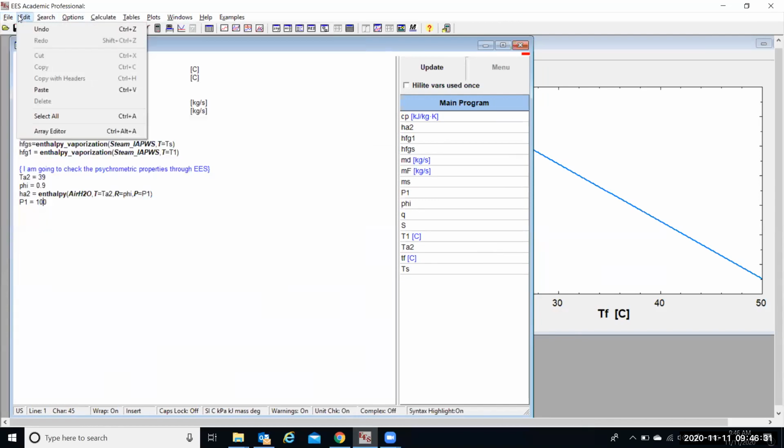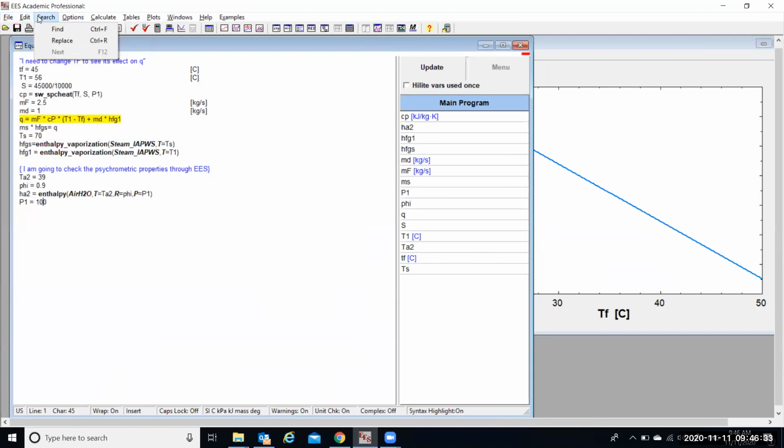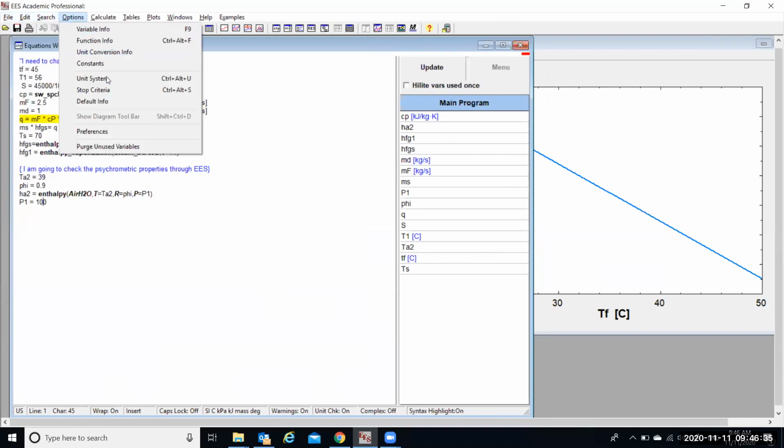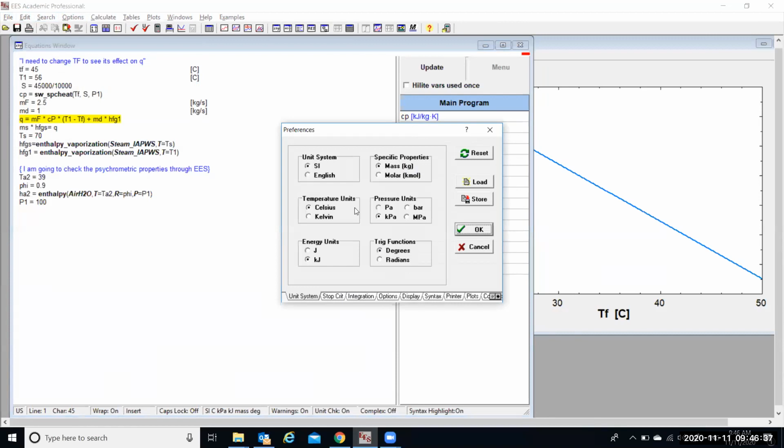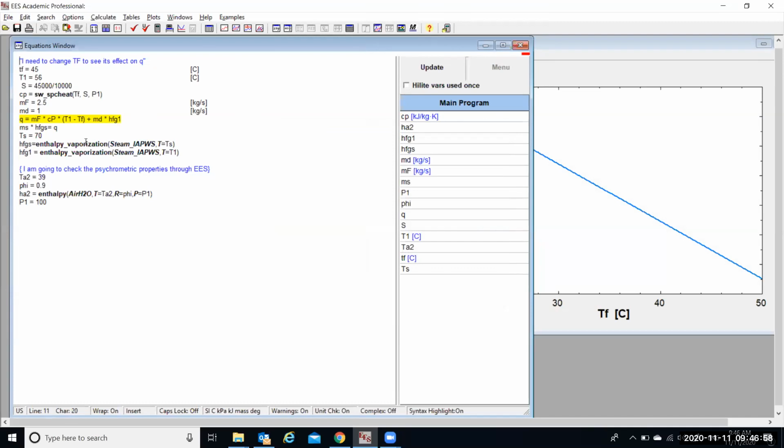For this, you can change between the international and the British system of units, or consider, for example, your values are expressed in kilopascals or megapascals. Temperatures are given in centigrade or Kelvin. The unit system is SI or English, and then units of joule are given as energy joule or kilojoule, mass or molar basis. So all this you need to make sure is correct as well.